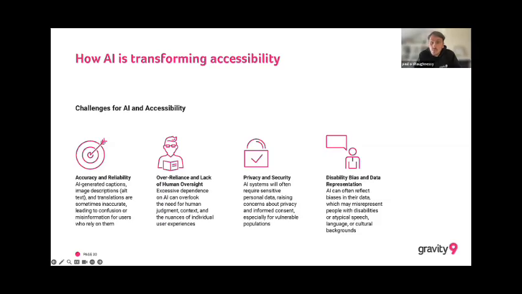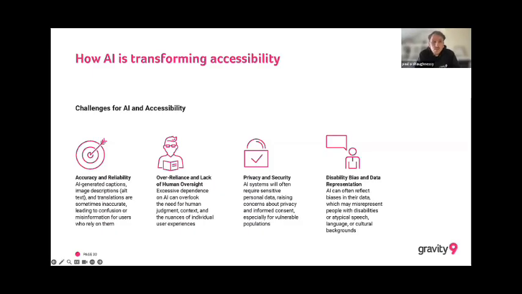Then next up, we have cultural and linguistic biases. AI systems that are designed for accessibility often perform better in English and other widely spoken languages, but can lack robust support for less spoken languages, minority languages.